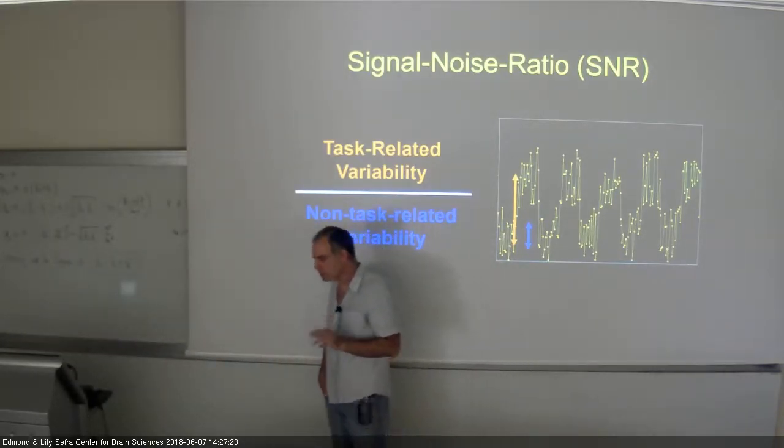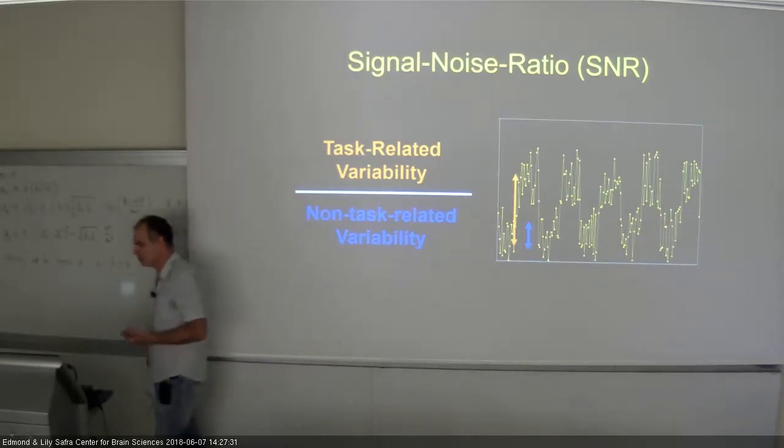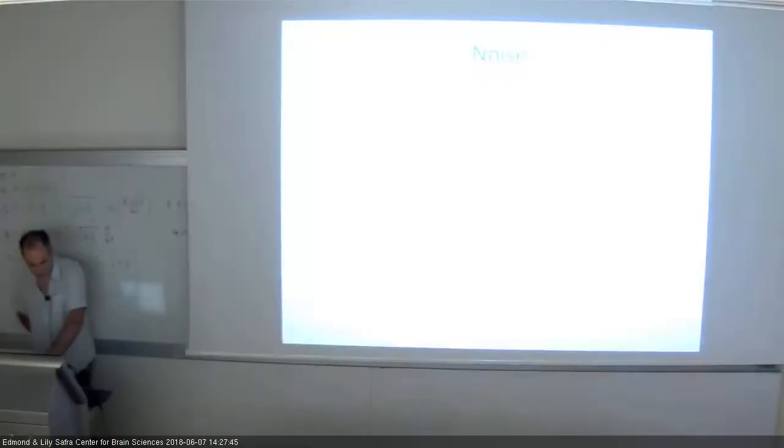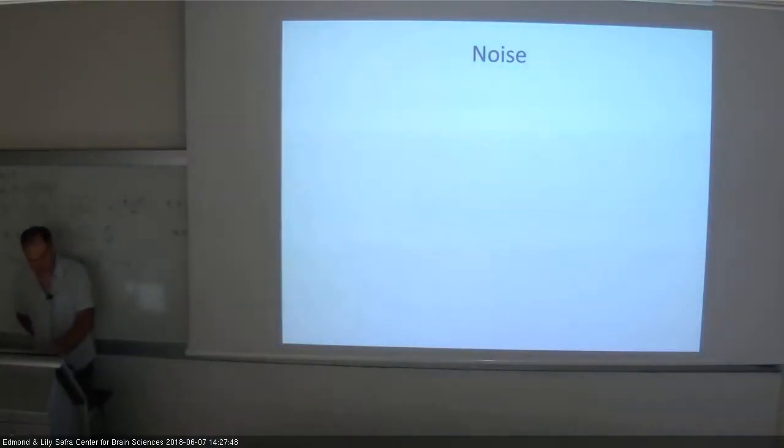So it's a tricky business, but still, in general, when you do the same task in a 1.5 Tesla scanner or 3 Tesla or 7 Tesla, you get a higher SNR as you go up with the magnetic field. All right, so we know what we need to do.